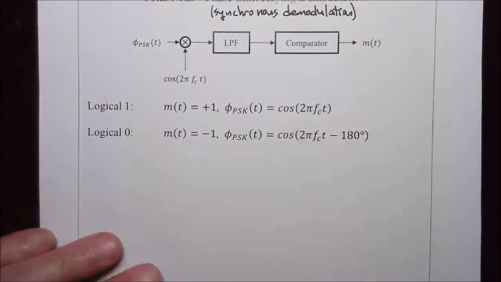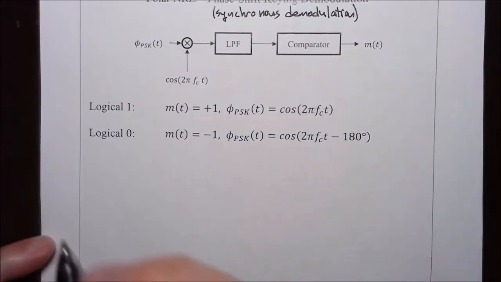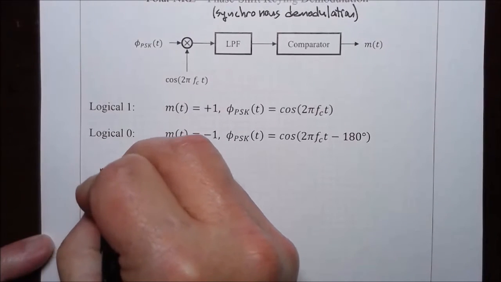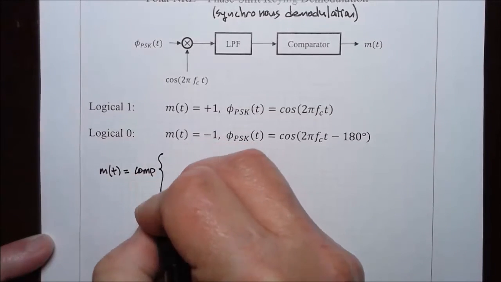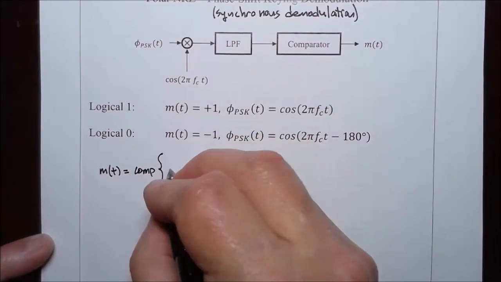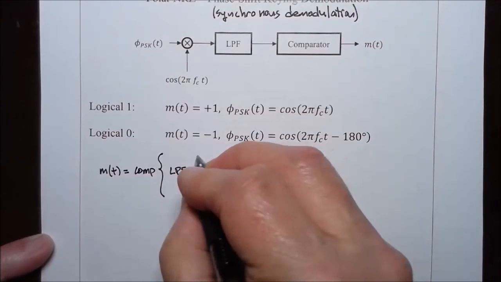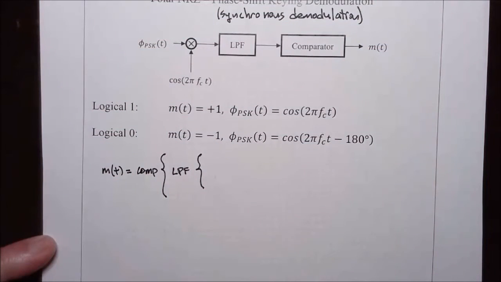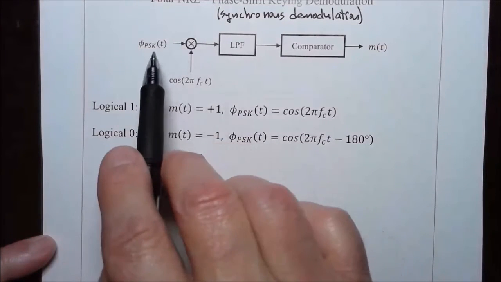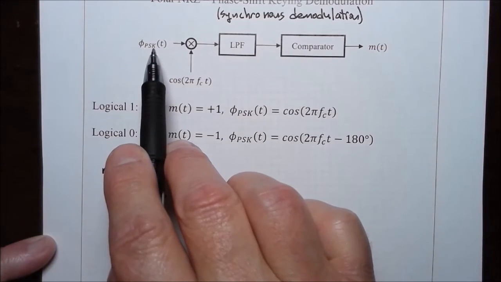Now, the signal that comes out of this comparator is m of t. The comparator operates on the output of a low-pass filter, which operates on the output of this mixer, which is fed the phase shift keyed signal.